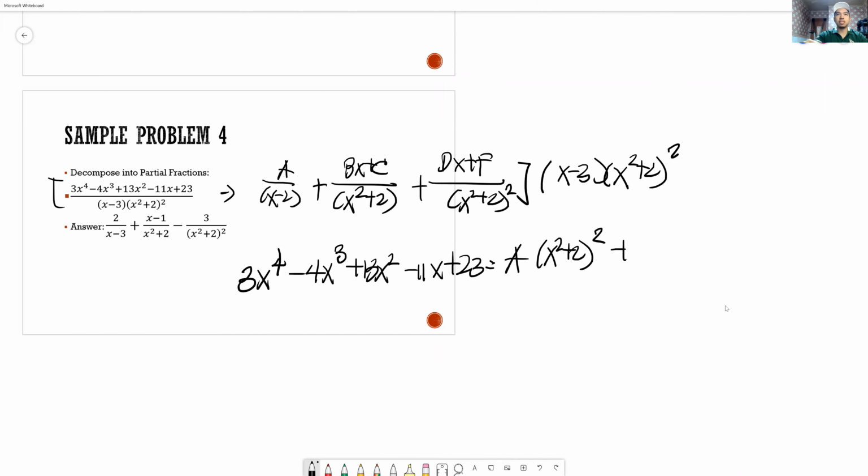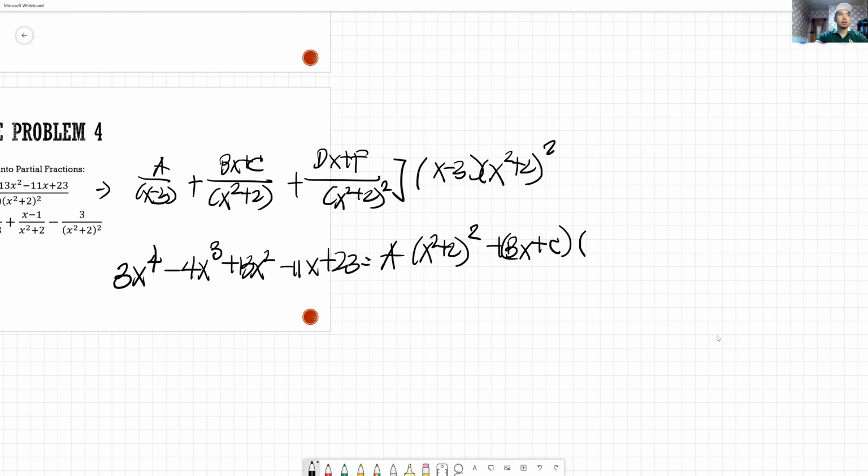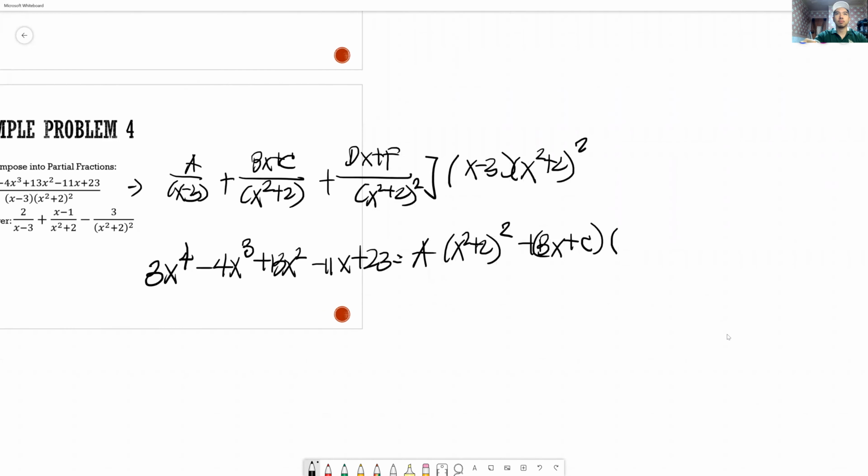So bx plus c would then be multiplied by x minus, it should be x minus 3 here. Sorry for that. So x minus 3 and another x squared plus 2, but not squared.